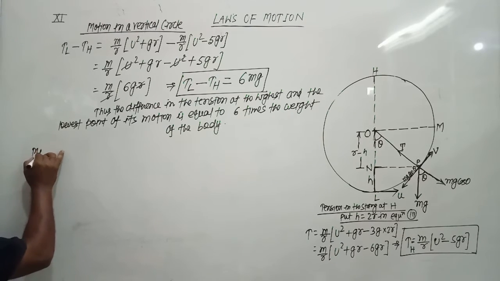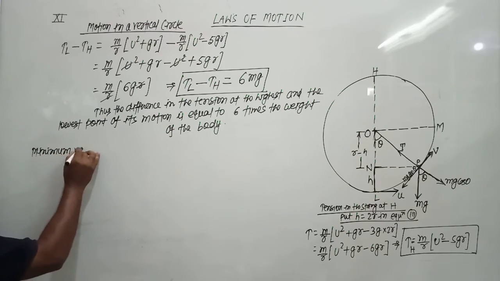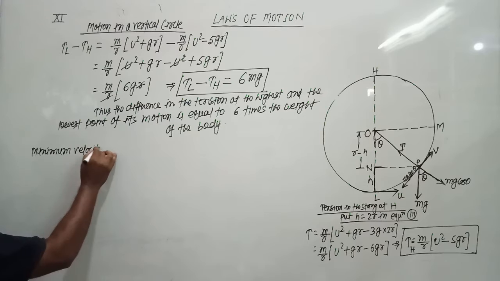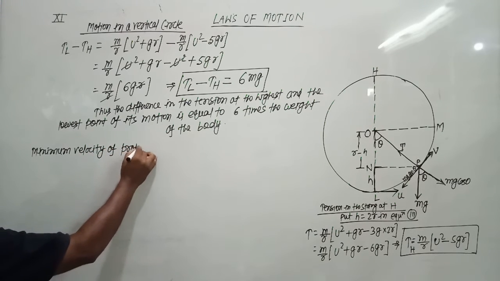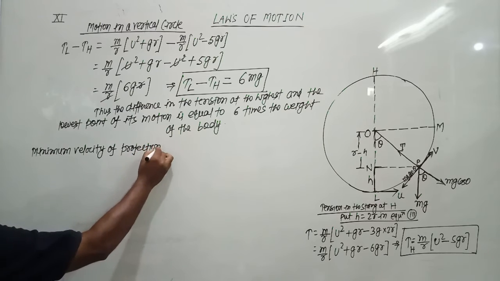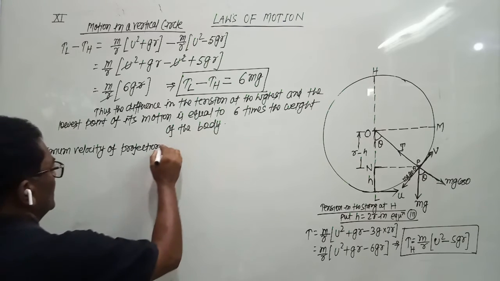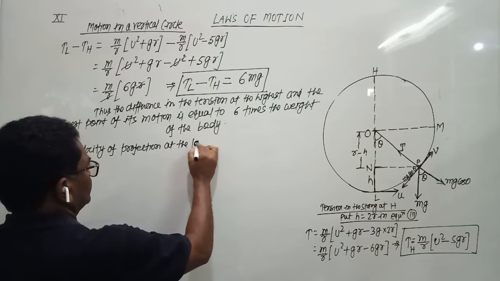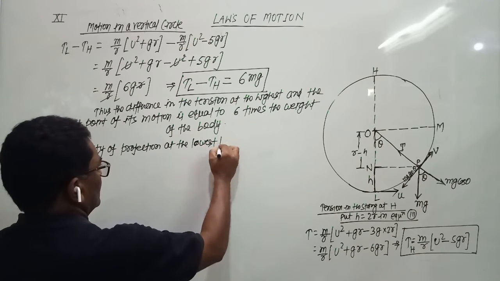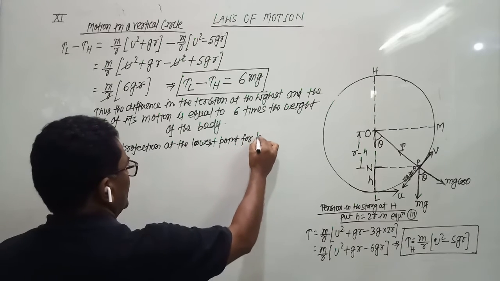Minimum velocity of projection at the lowest point for looping the loop.